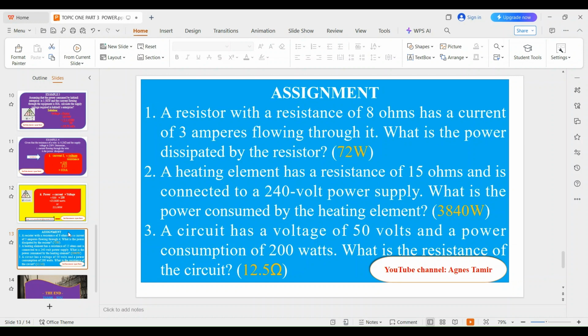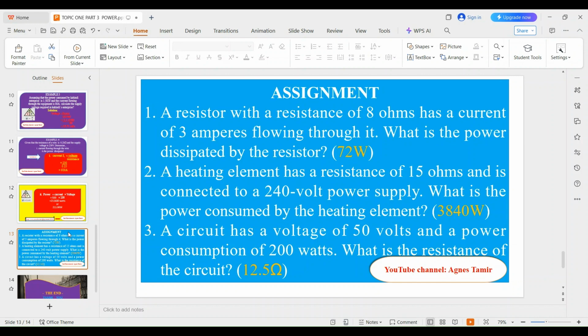After getting voltage, which will be 3 multiplied by 8, you'll have 24, and 24 will be your volts. And we know that power is given by voltage multiplied by current. Therefore, we shall have 24 multiplied by 3, and your answer will be 72 watts.